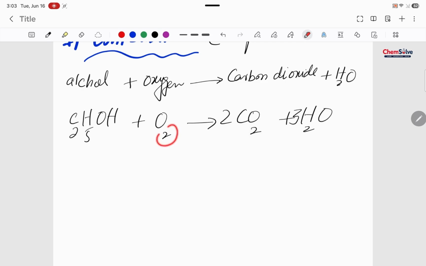Here oxygen is 2 and 1, 3, and here 2 twos are 4 and 3 here are 7. So how do I balance it? I will just put 3 here. So it is now 3 twos are 6 plus 1 is 7, and 2 twos are 4 and 3 is 7. So both sides are balanced now.